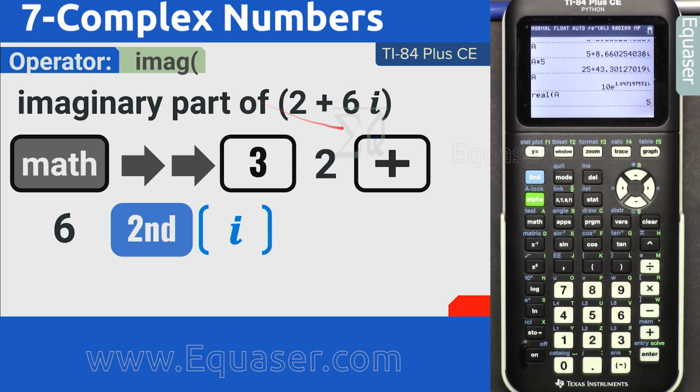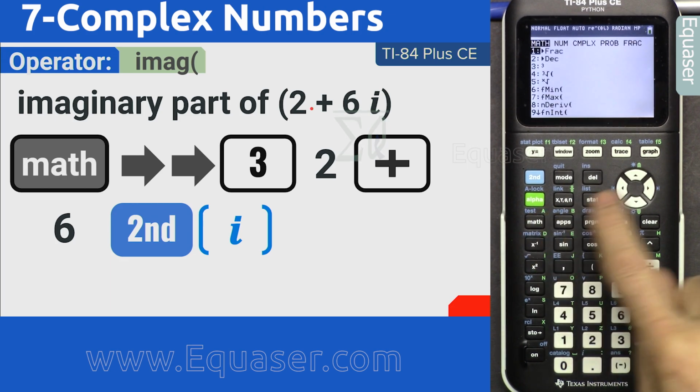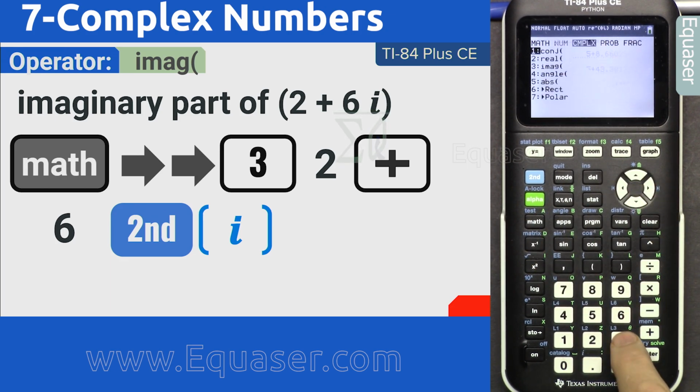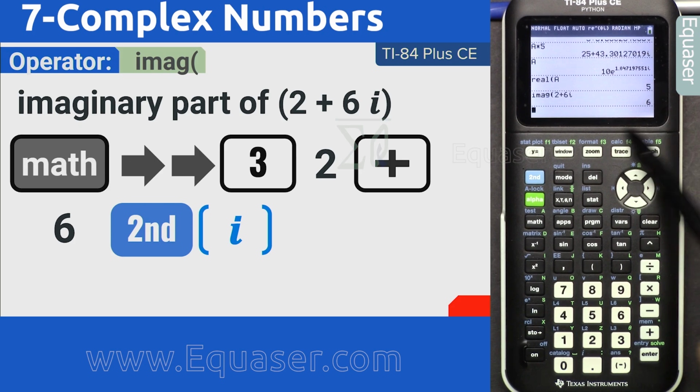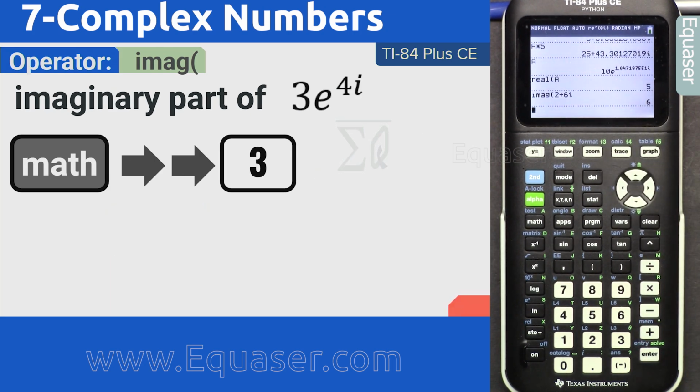And the imaginary part of 2 plus 6i: math, complex, 3, that is imaginary, 2 plus 6, second function, i, and enter. That's the imaginary part of this expression.